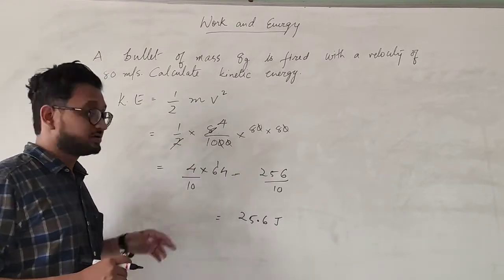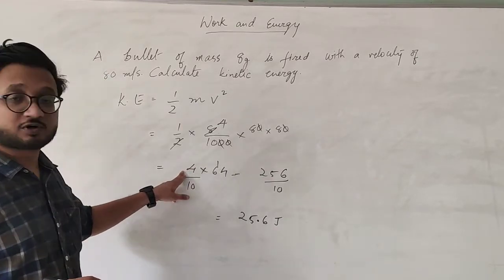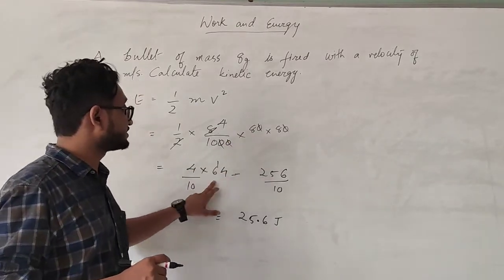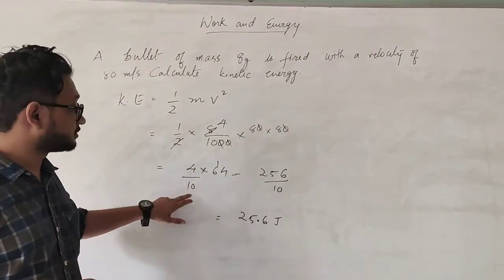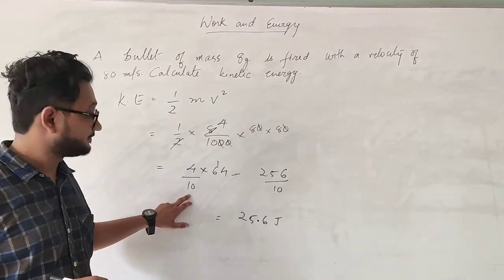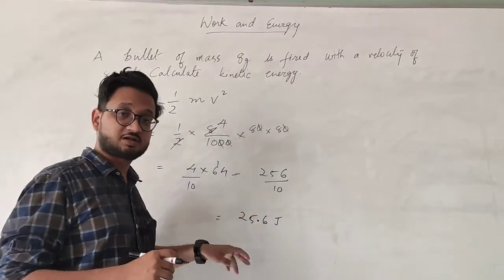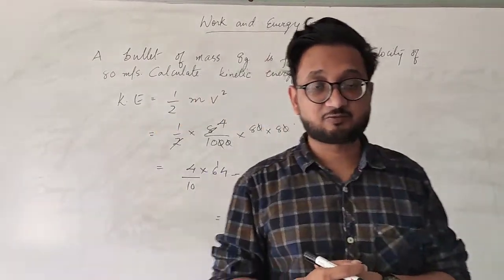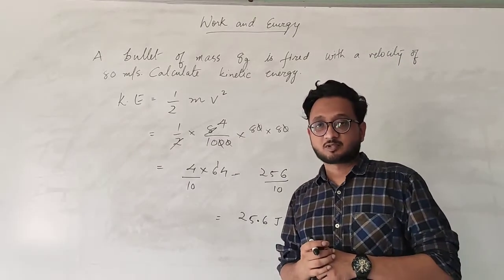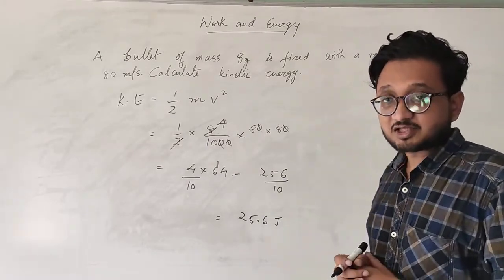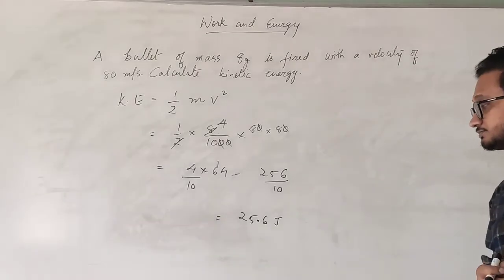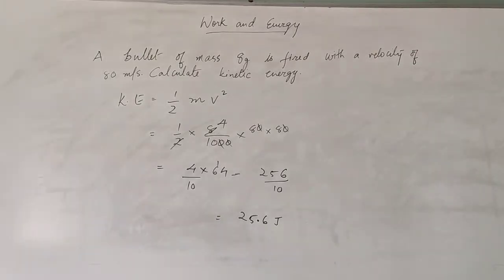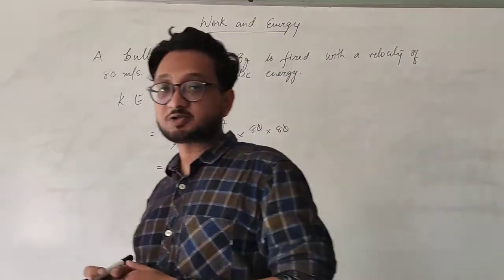Solving this, 2 4s 8, 4 as it is, 8 into 8 64, because we have zeros, so we can cancel them. 1 of the 0 remaining, so we keep it as 10. Simple multiplication, and finally we get the answer 25.6. I'll give you a moment to check the numerical, write it in the notebook. Okay, let's move on to the next one.